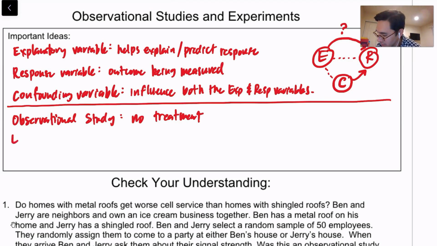All right, an experiment, okay, is a study in which the researchers impose treatments. Right? And the reason why we do this is because we want to show that the treatment actually is causing changes in the response.